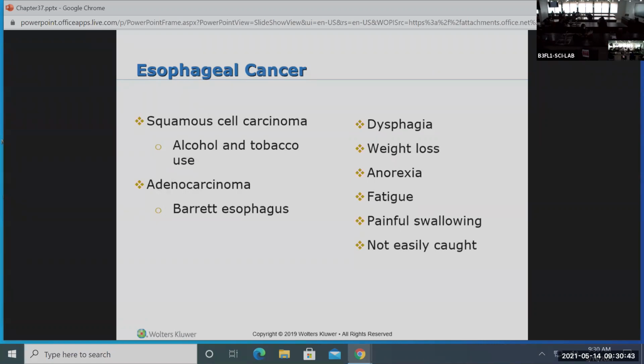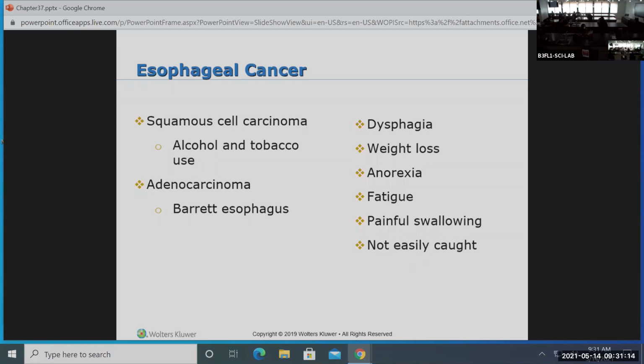Most common cause of esophageal cancer is the smoke. Number 2, alcohol. And they cause squamous cell carcinoma. Now we do have adenocarcinoma where the squamous cell is replaced by columnar cell.